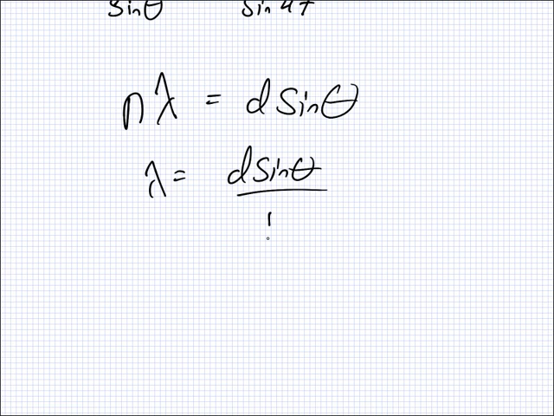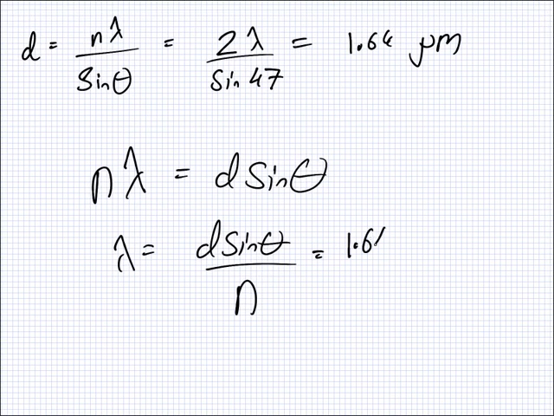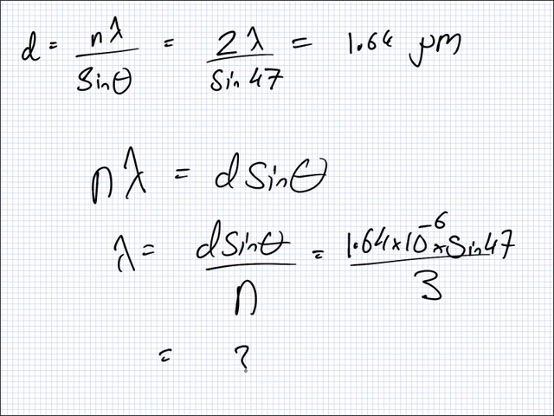I think everybody's getting this. So the d is 1.64 times 10 to the minus 6, the sine is of sine 47 and the n is 3. So what answer do you get this time? 3.99 times 10 to the power of -7.